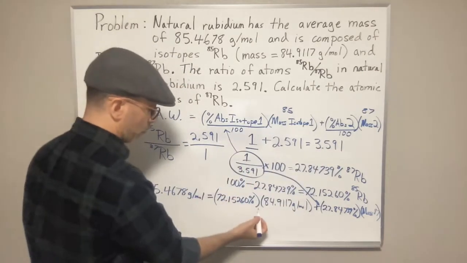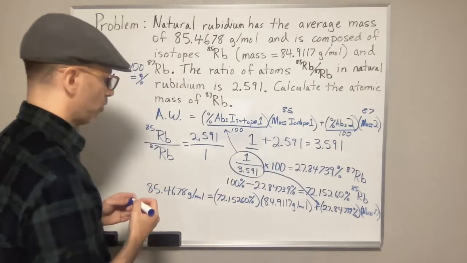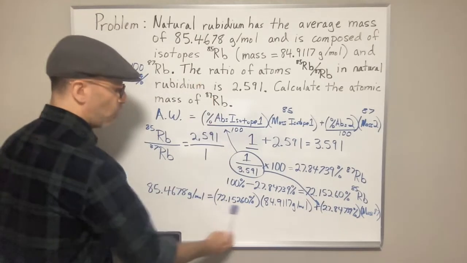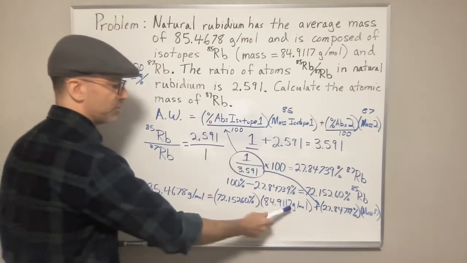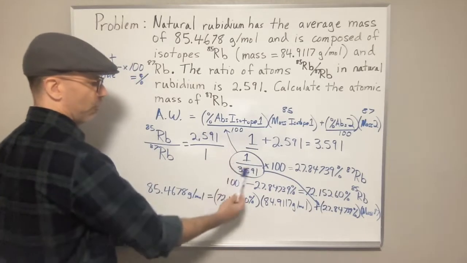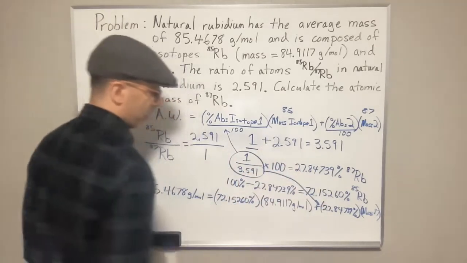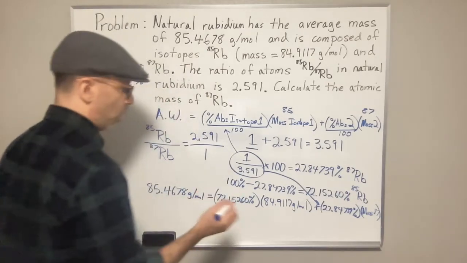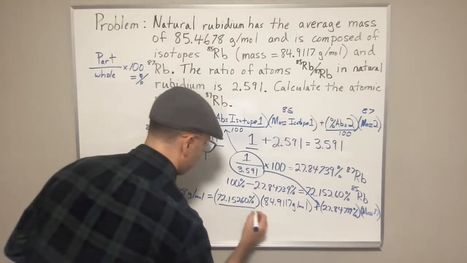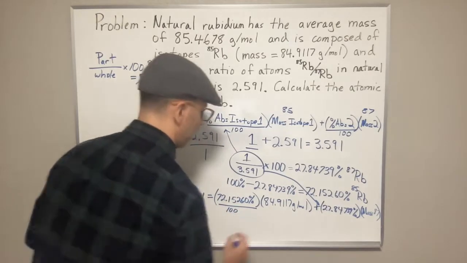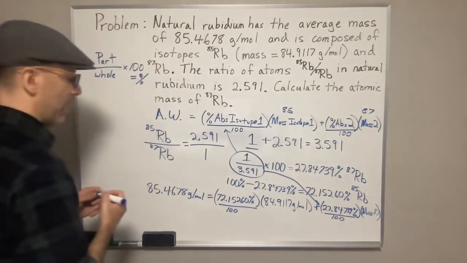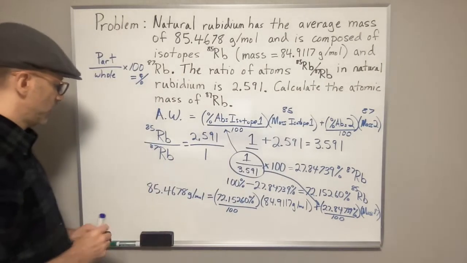That fractional amount would go here. So that's an important thing to remember. Or you could use the percentages and divide by 100, but that would be an extra step given the problem. So we need to make sure we divide this by 100, divide this by 100, and then you solve the equation.